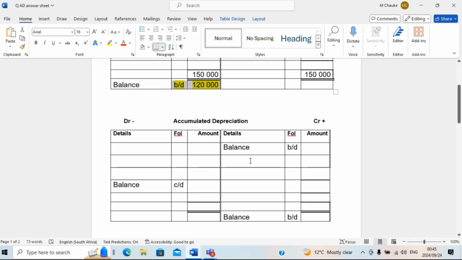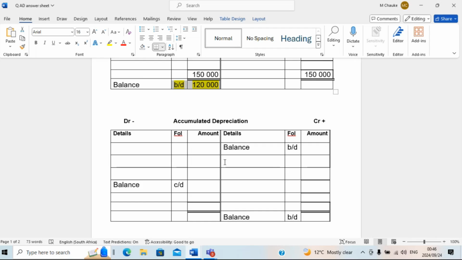For each asset, for each vehicle, because if you check, we've got a vehicle that was traded in, we've got a new vehicle, and we also have the remaining vehicle, because we bought a new vehicle and then we sold another one, and then there's another one that is remaining. That means we're going to have 3 vehicles, right?